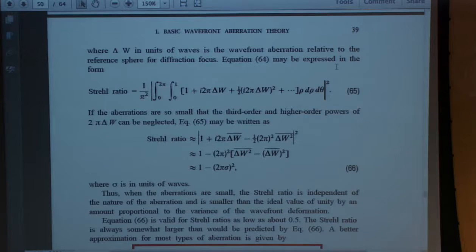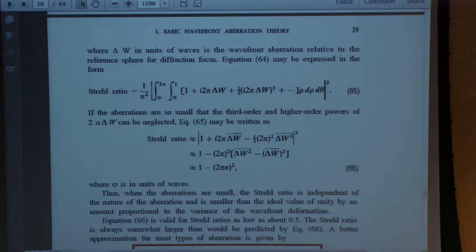And then this whole quantity here will be squared. So what that really is, is just 2 pi squared times the average of delta W squared minus the average of delta W, squared.